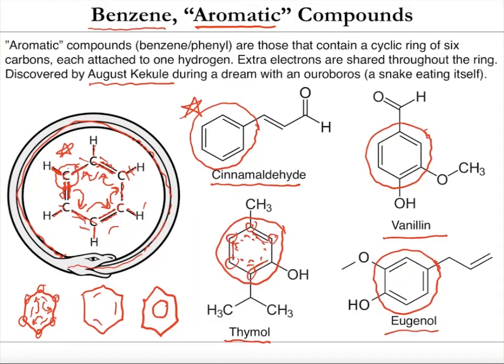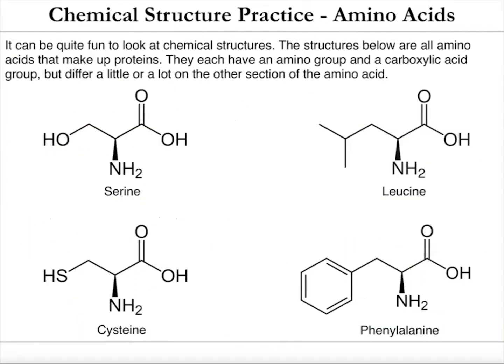We'll come across these a lot when we're looking at different biomolecules and structures of organic compounds. So now that we've talked a lot about the rules that govern how different atoms interact to form molecules, we can start looking at chemical structures, because we're going to show a lot of chemical structures in this class.